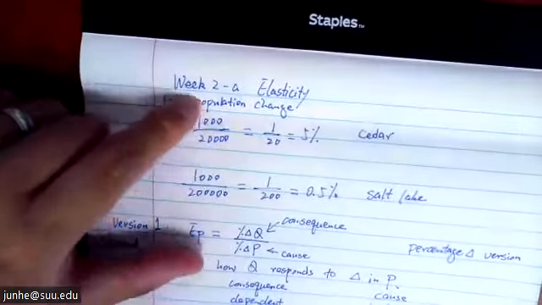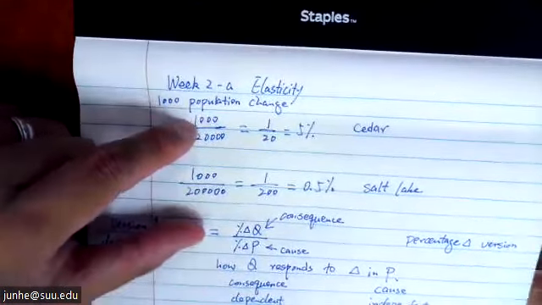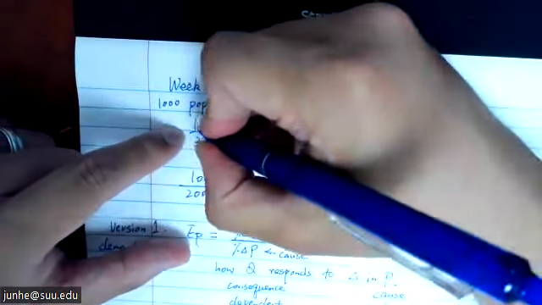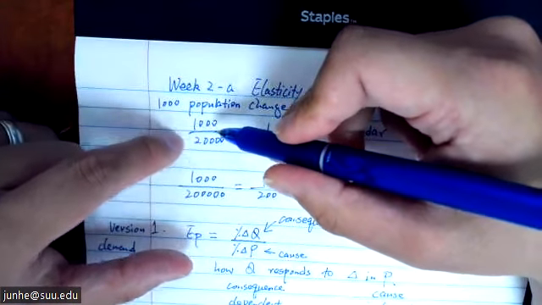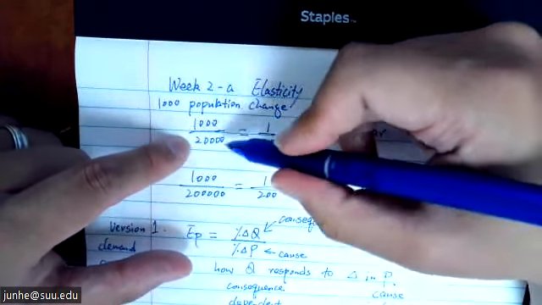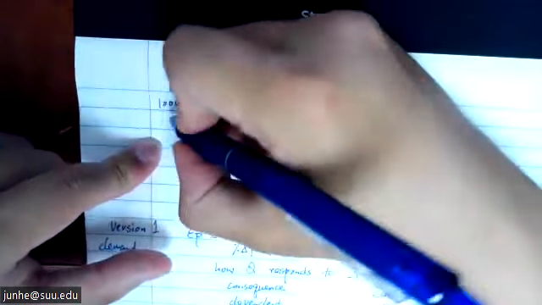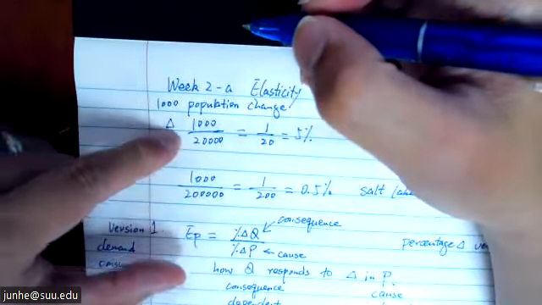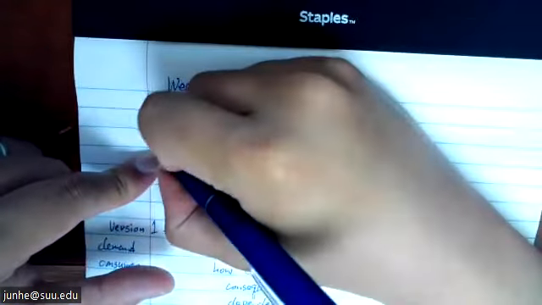If you can recall, previously we introduced the percentage change in population by putting the change in population, which is 1,000 people, over the total level of population, right? So on the top is the delta, in the bottom is the total people.